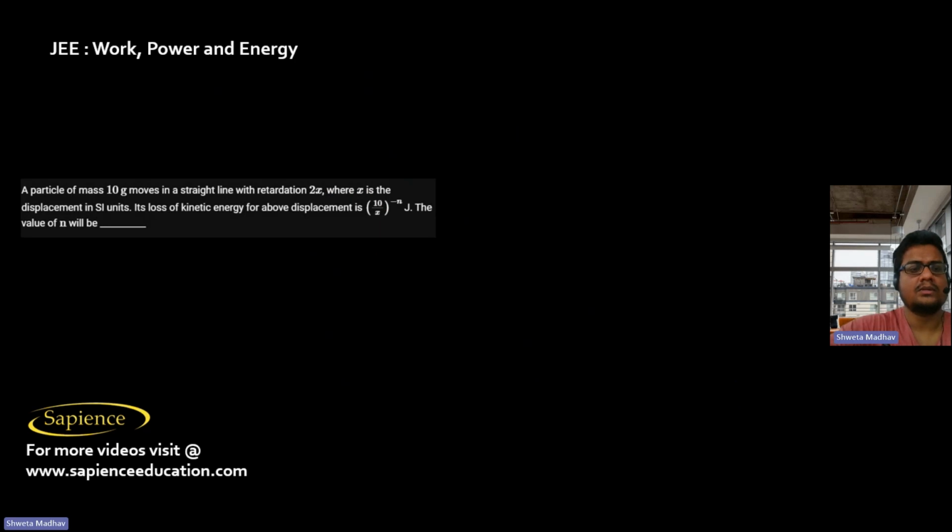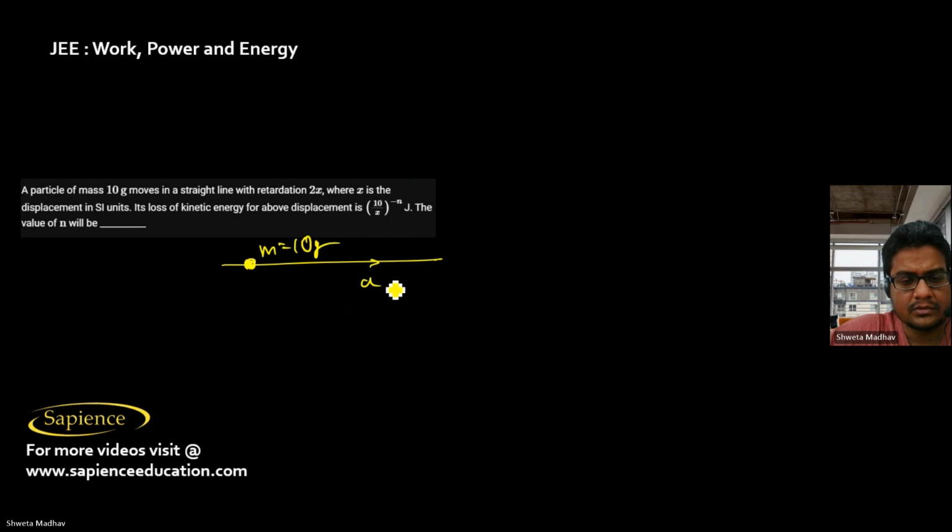Then here it is told a particle of mass 10 gram moves in a straight line with retardation 2x.